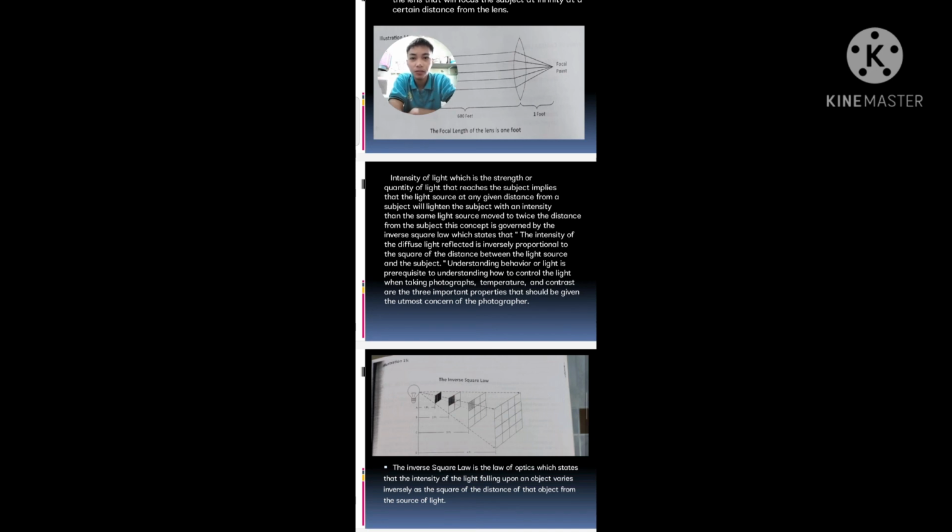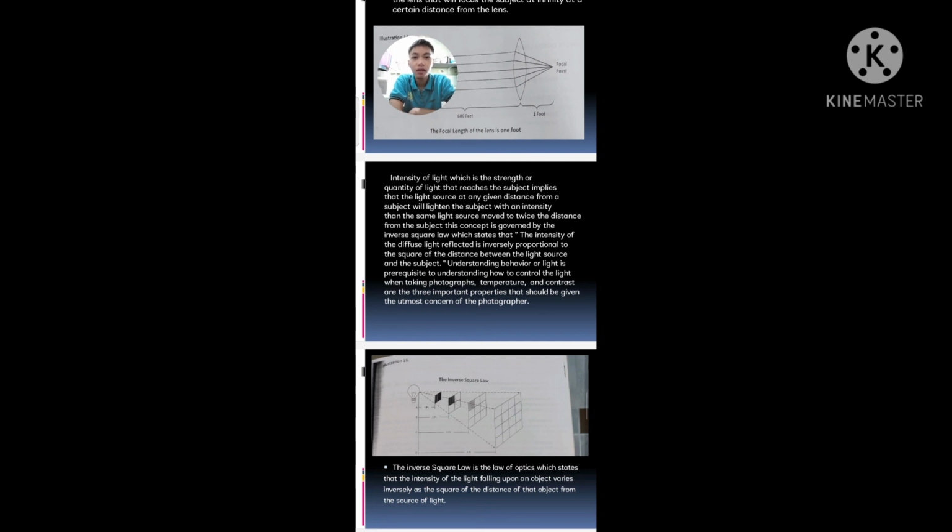It implies that a light source at any given distance from a subject will light the subject with a greater intensity than the same light source moved to twice the distance from the subject. This concept is governed by the inverse square law, which states that the intensity of the diffuse light reflected is inversely proportional to the square of the distance between the light source and the subject.